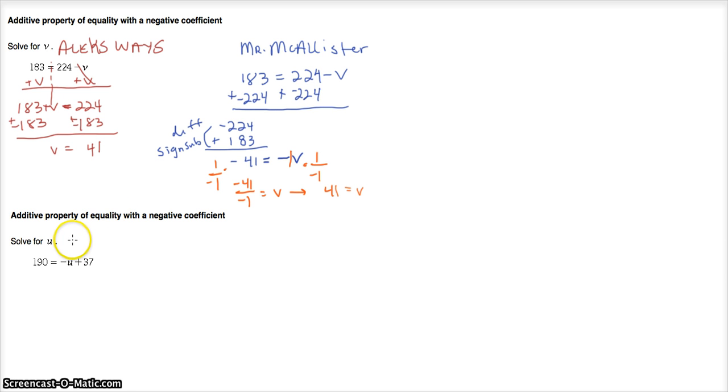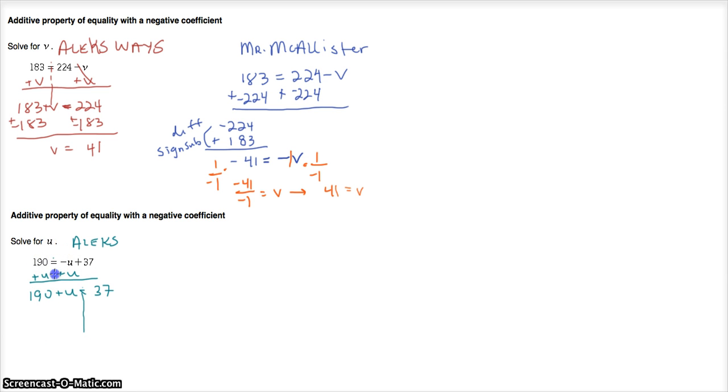Again, we'll do it the two different ways. We'll do it the Alex way, and then we'll do my way. So here, Alex is going to show you to add u to both sides. Now we got to break it in half.